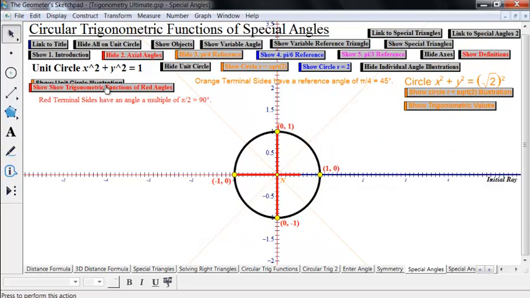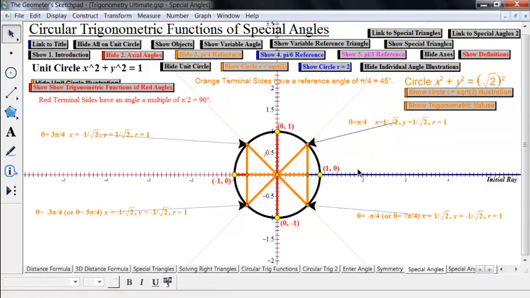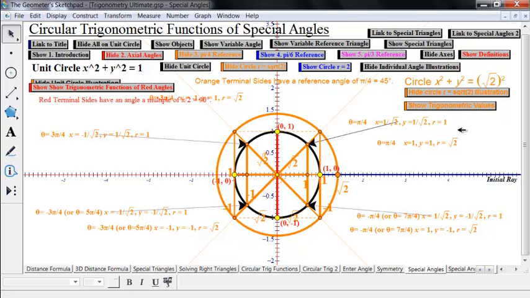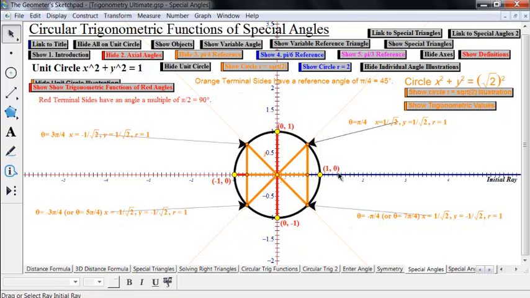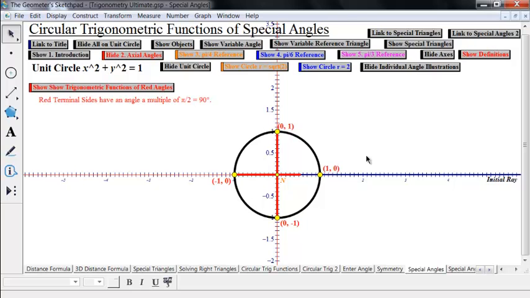But we could also look at those same ones by looking at points within the unit circle. Two different similar triangles, we can use either one. I think it's more natural to use the circle of radius square root of 2, but you can use just the unit circle.